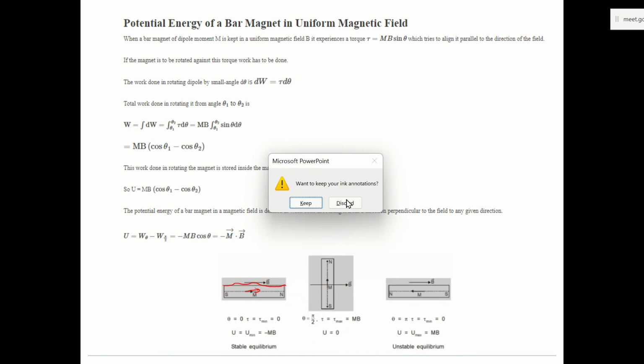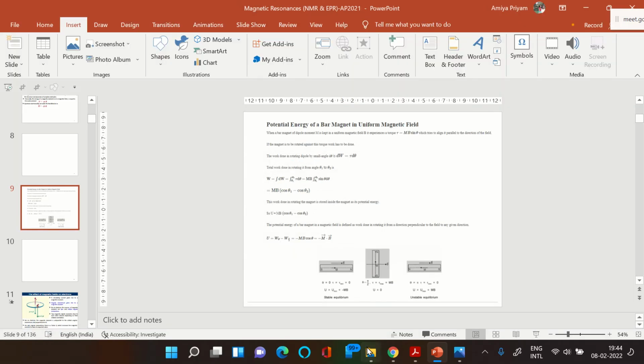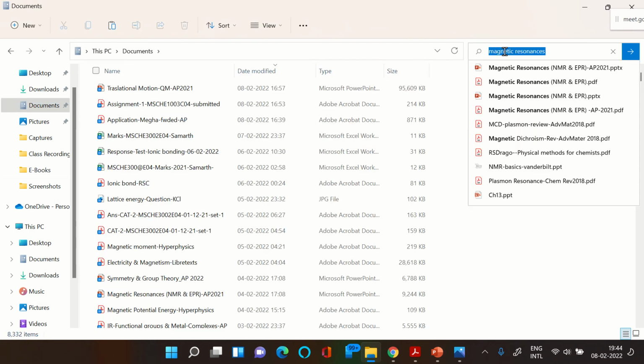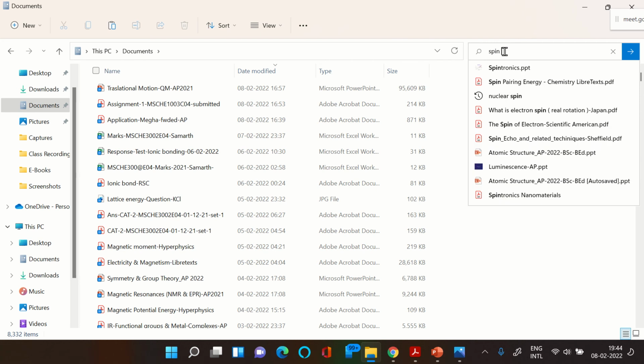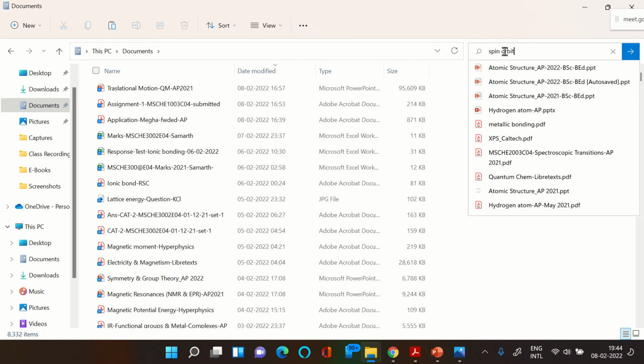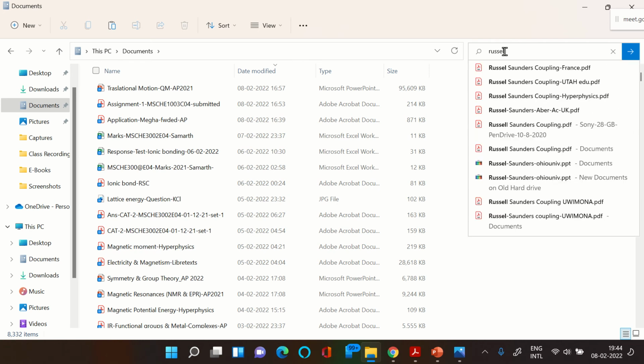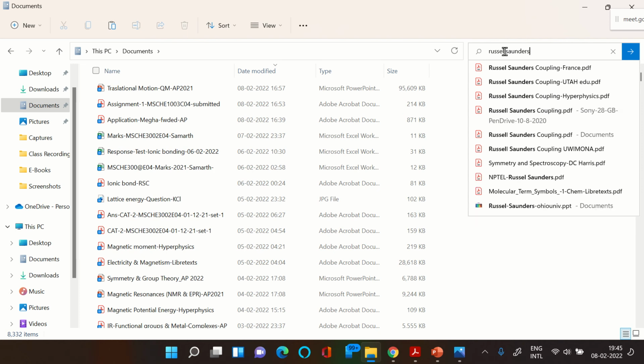So just the way we had, I think when we were discussing spin orbit coupling or something like that, when I had discussed, किस नाम से सेव किया था मैं भूल गया.